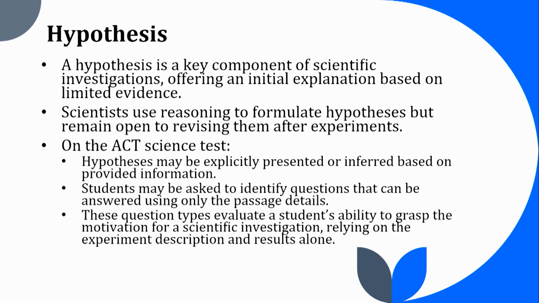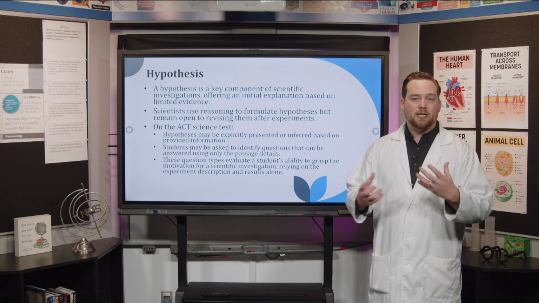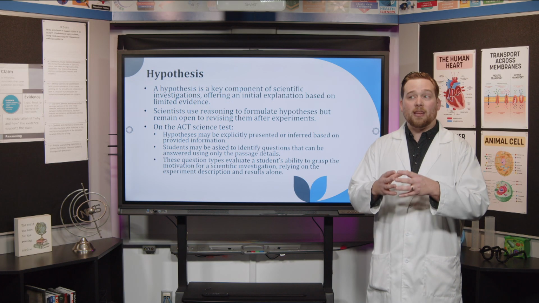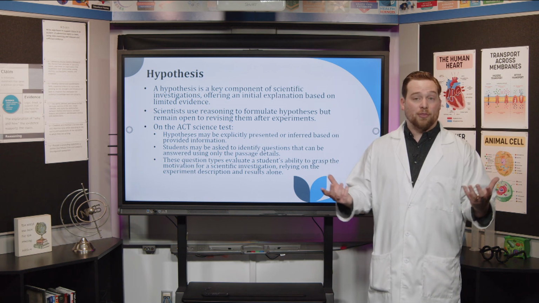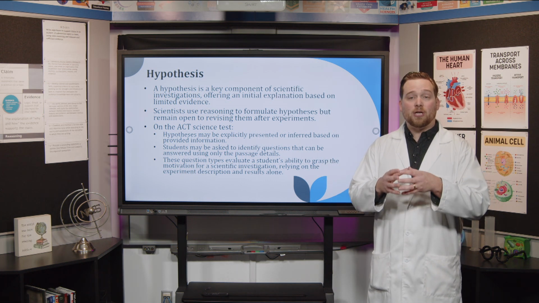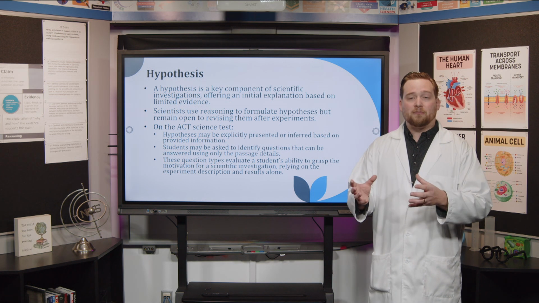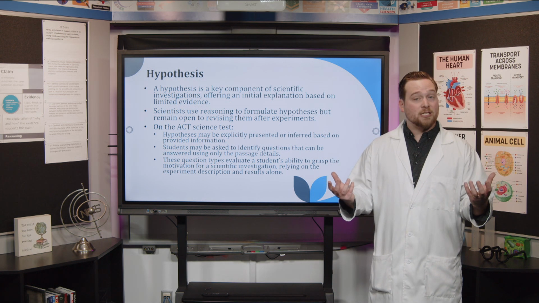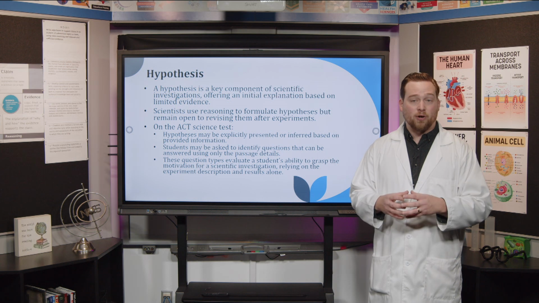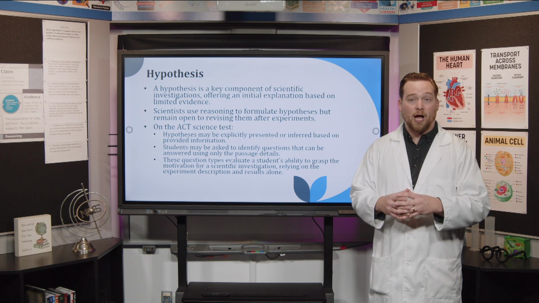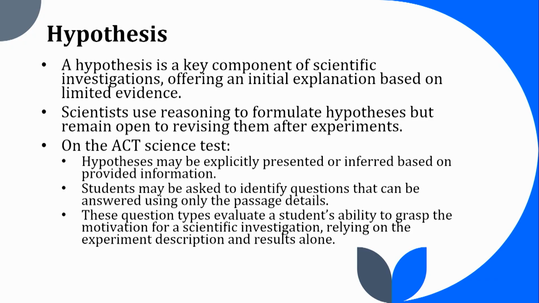and results alone. So what's going on here is that if you get a question about a hypothesis on the ACT, there's a couple of different ways this could go. One, they might ask you to infer what the hypothesis was. So they'll give you the experiment, what the results were, and then you're going to have to figure out what question were they trying to answer. Okay, I wouldn't say that that's very common. This is the one that's a lot more common, is sometimes you'll be given explicitly, they'll tell you verbatim what the hypothesis is.